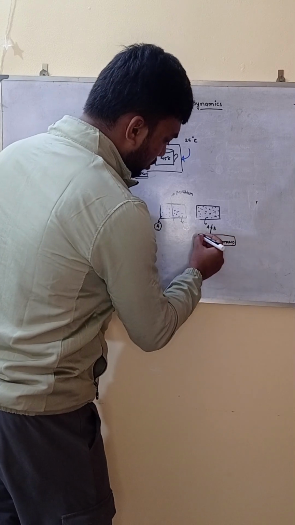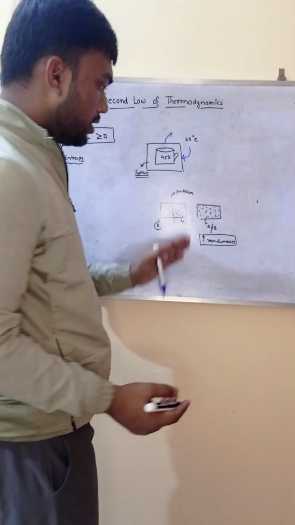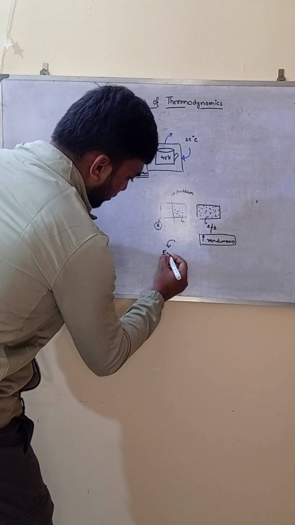So to measure the degree of randomness, we introduce a new state function, that is entropy.